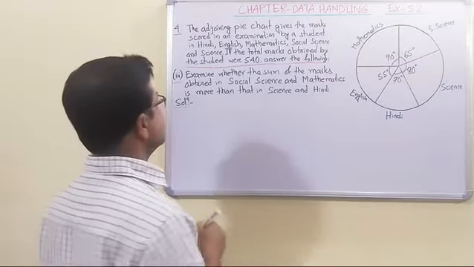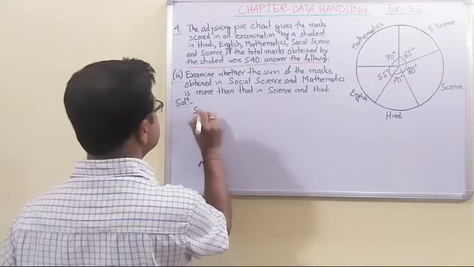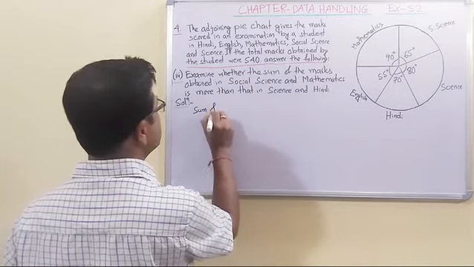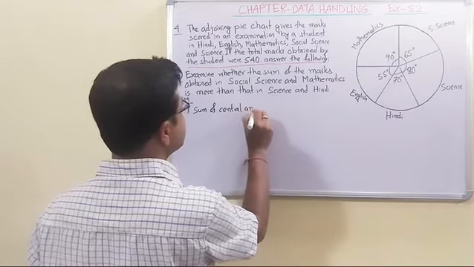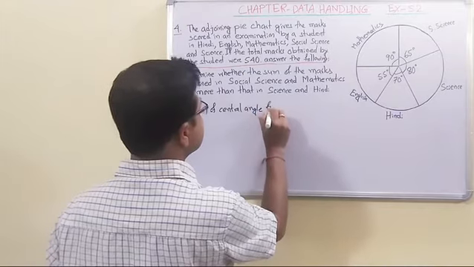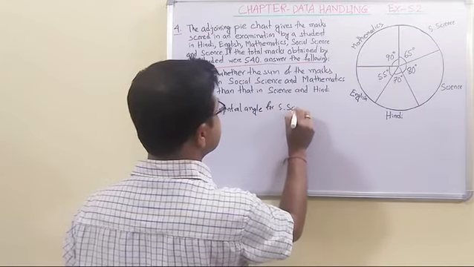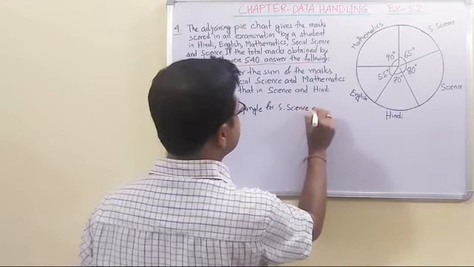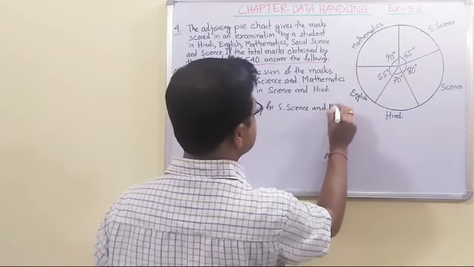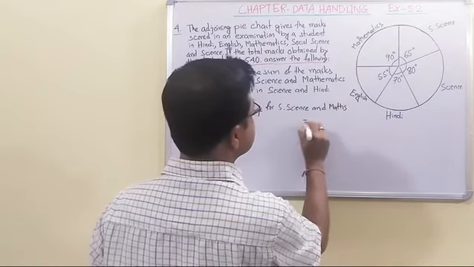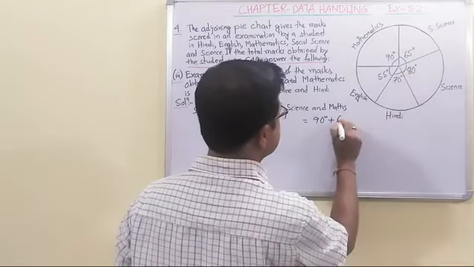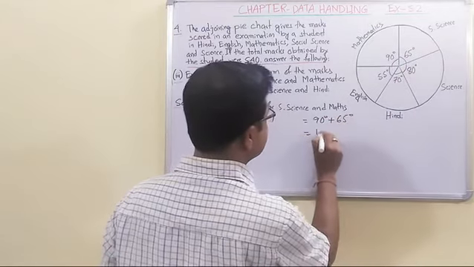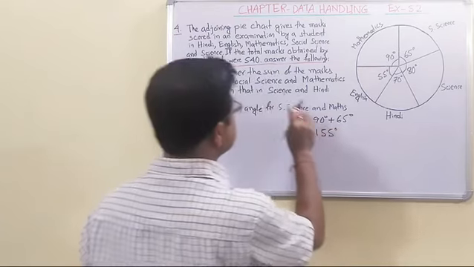Okay, we shall add this, then we shall add this central angle. Then we compare. So the sum of the central angles for social science and maths. In short, we have written maths. This is 90 degrees and this is 65 degrees. Their sum is 155 degrees.